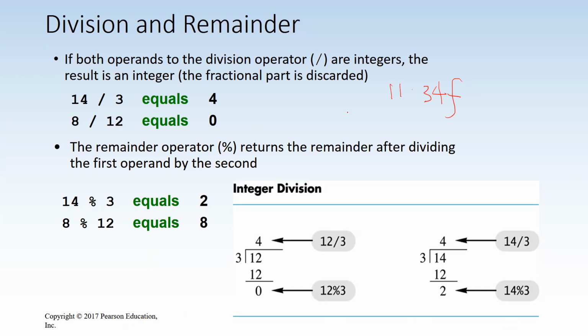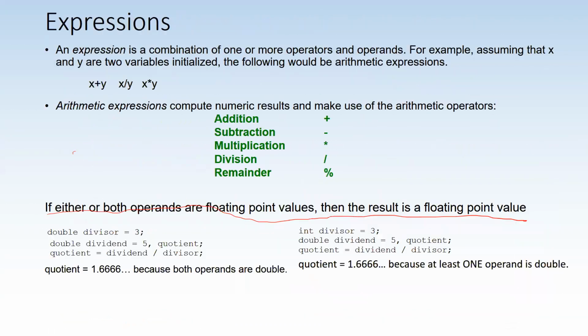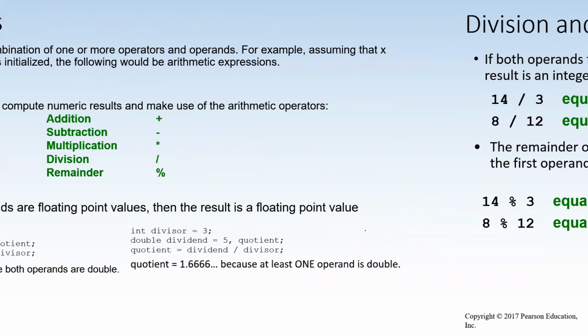But if it's a float, it's the same. If you look at the rule, it says floating point values, right? That means it's a double or a float, because floating point values are double or float. But if it's a value, by default, the system treats it as a double. That's what I'm saying.